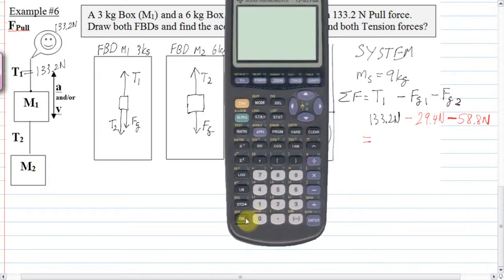Let's pull up Mr. Calculator. 133.2, subtract 29.4, subtract 58.8, 45 newtons. So the sum of the forces is 45 newtons.